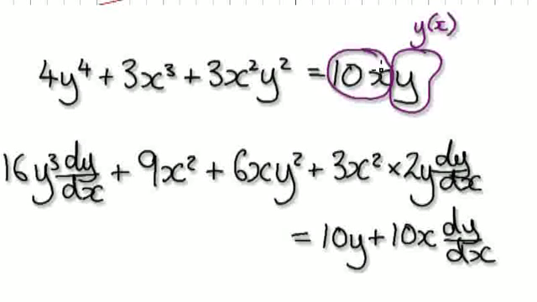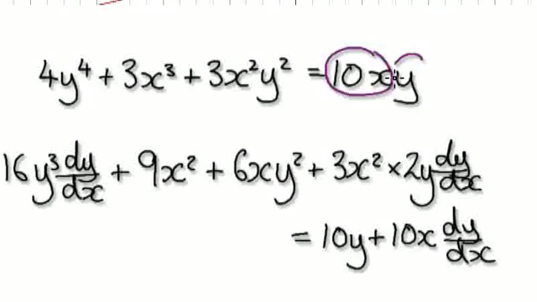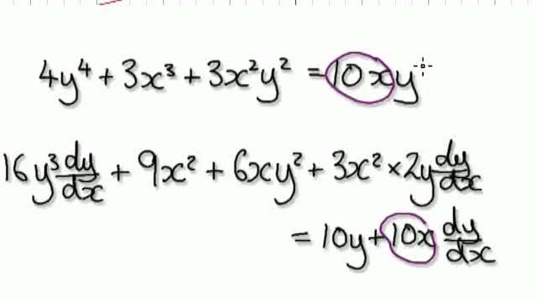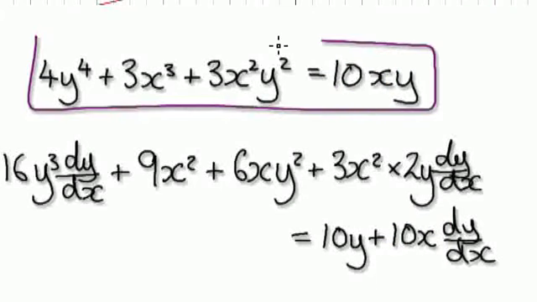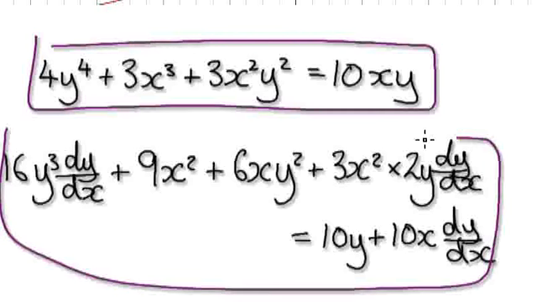So differentiate this, that will give you 10, leaving this the same, and then plus, keeping this the same, and when you differentiate y you just get 1, but you do need to times dy by dx. That's why you've got 1 times dy by dx. So if you differentiate this, it will give you this whole thing here.